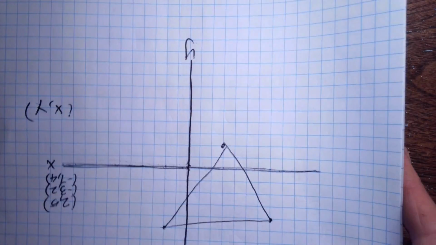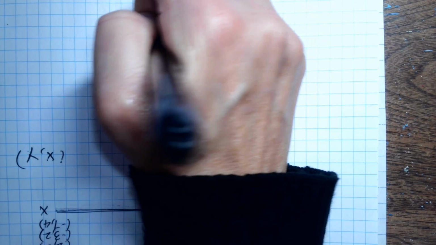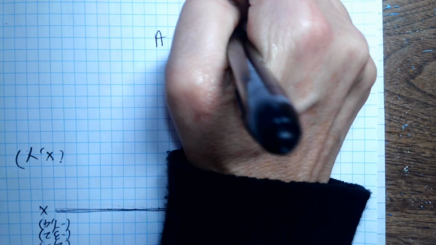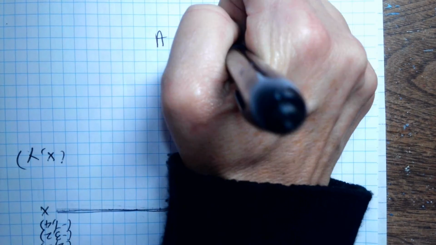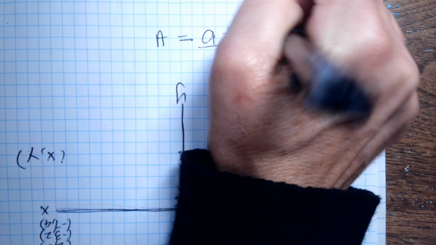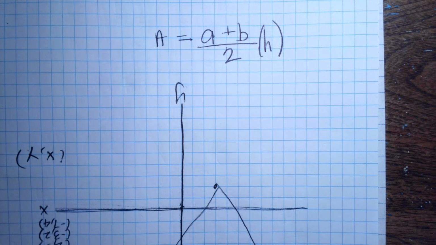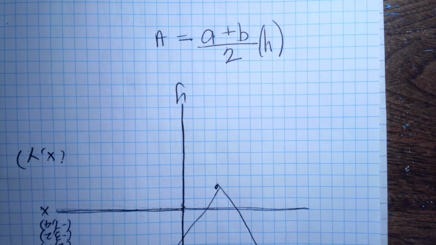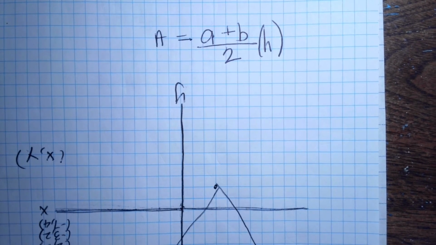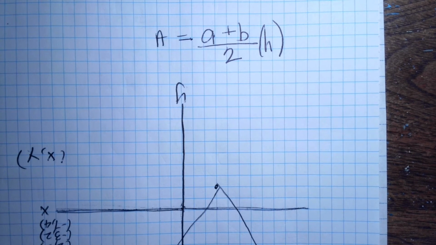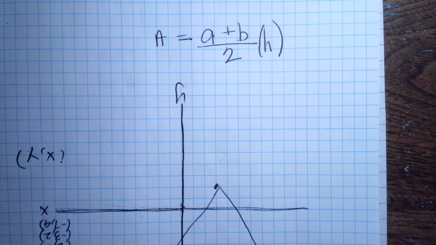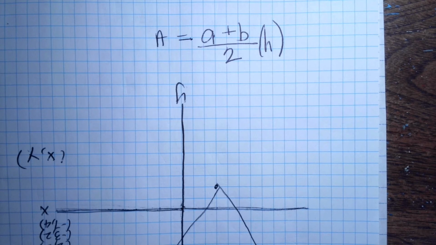Okay, you're kind of right. The trapezoid is A equals A plus B times H, so it's A plus B divided by 2 times H. But you're not doing trapezoid for the problem, right? I don't think so. So I just have to do triangle.